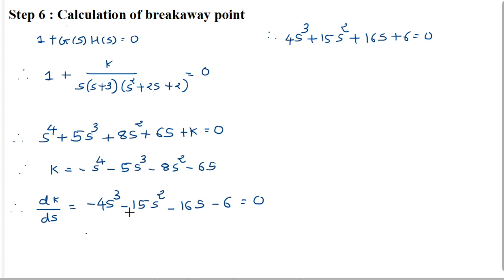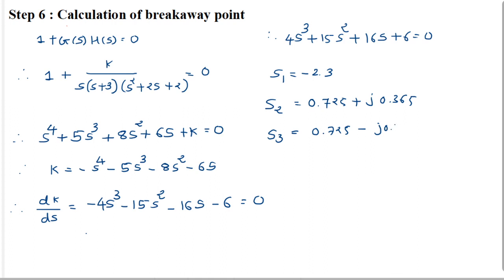Then you can get three solutions, that is S1 equal to minus 2.3. Then S2 equal to 0.725 plus j 0.365. Okay, after solving this you can get this answer. Then S3 equal to 0.725 minus j 0.365.